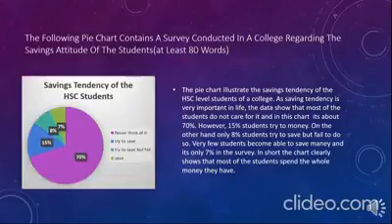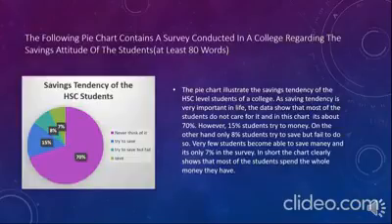The data show that most of the students do not care for it, and in this chart it is about 70%. So this chart indicates that 70% of the students of a college do not care about saving their money, or they have no saving tendency during this period.